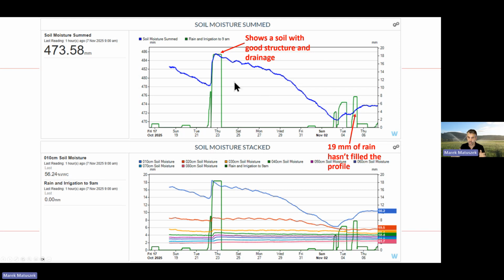So if you were just looking at that paddock and going, okay, we've had that large 20 over an inch here, then a week later that has hardly been used up, but then we get a bit of 19 mils, our assumption is, and you'd be forgiven for thinking, that we're still at full. But you can see here that 10 centimetres hasn't even filled back up, and it didn't even reach that 20 centimetre profile.